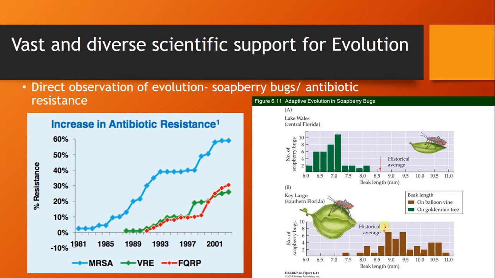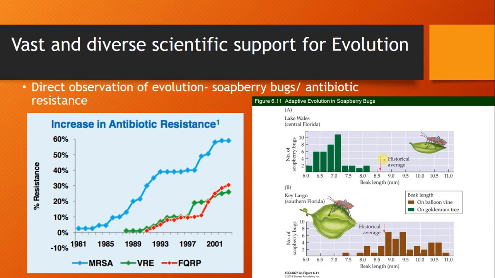Well, later on, more recently, in central Florida, a balloon vine plant with a much more deflated fruit was introduced. And when studying the soapberry bugs living in central Florida feeding on the balloon vine, you can see their beaks have become, on average, very much shorter.